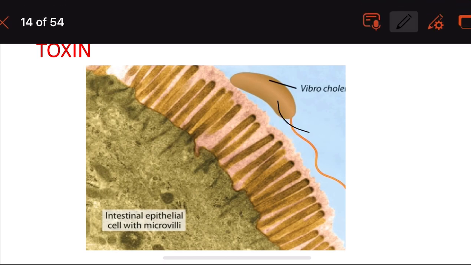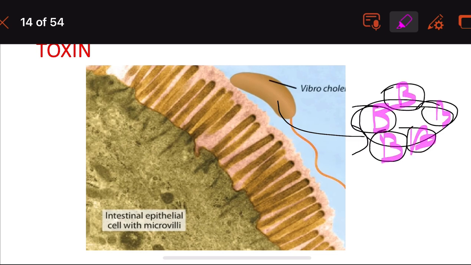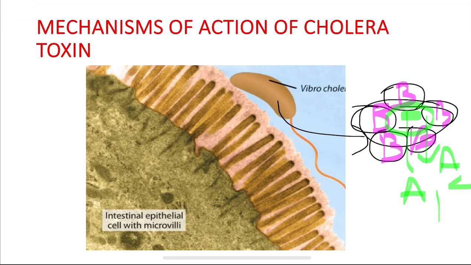The Vibrio cholerae has its toxin, and this toxin has 5 copies of B subunit: 1, 2, 3, 4 and 5. It also has 2 copies of subunit A, A1 and A2. There are 2 copies of A subunit and 5 copies of subunit B.